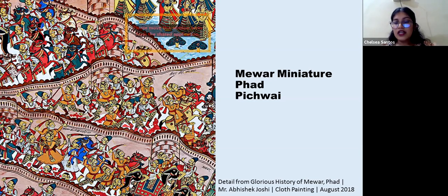So you will see a lot of differences across the various sub-schools of the Mewad school of miniature paintings. The Fud painting, again, like I said, is a different medium from the Mewad miniature paintings. It is made on cloth, as also the Pichwai paintings, which are generally made on cloth, originally, traditionally.